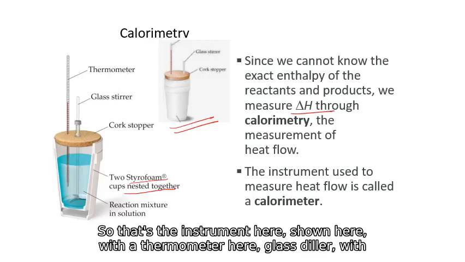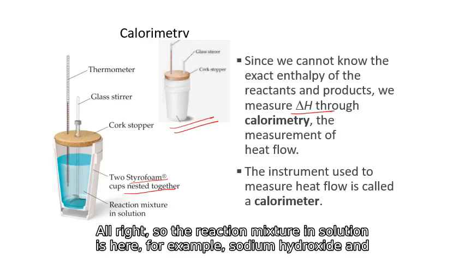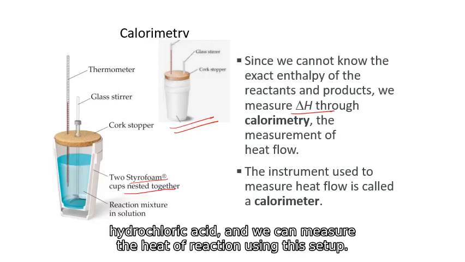So that's the instrument shown here, with a thermometer, a glass stirrer, and the chemicals inside. The reaction mixture in solution is here, for example, sodium hydroxide and hydrochloric acid, and we can measure the heat of reaction using this setup.